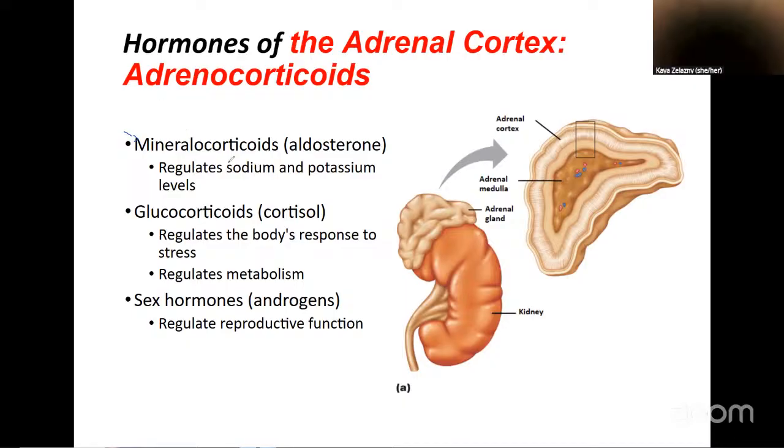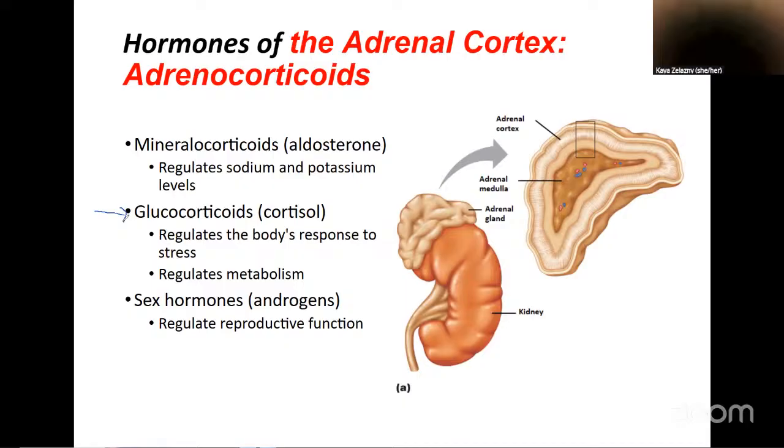So our mineralocorticoids like aldosterone, which we'll talk about when we talk about the kidney, help us regulate the levels of sodium and potassium. What we're going to focus on more right now are our glucocorticoids. Okay.